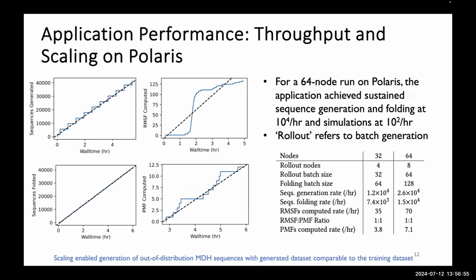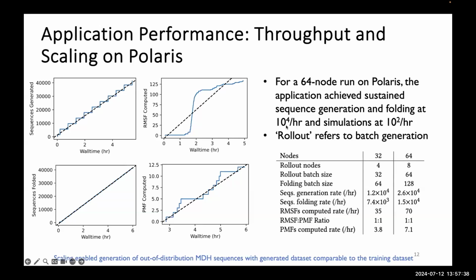All right. So I think it will be interesting to go through some of the numbers in terms of the performance of the application, at the level of utilization of the resources and the throughput. It gives you an idea of the balance you need to strike when you allot resources, as opposed to the amount of science you can get out of it. For example, for a 64 node run on Polaris, you're able to achieve a sustained sequence generation rate of about 100,000 per hour, and all the generated sequences are folded.